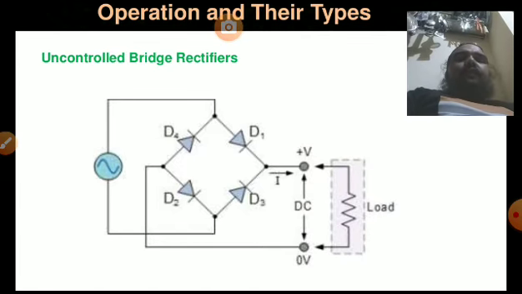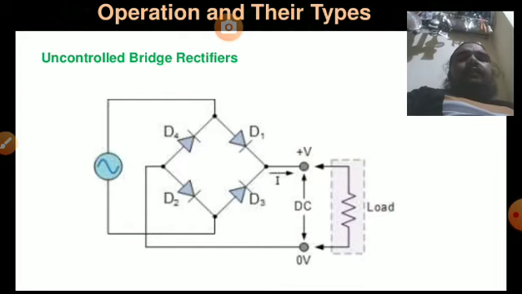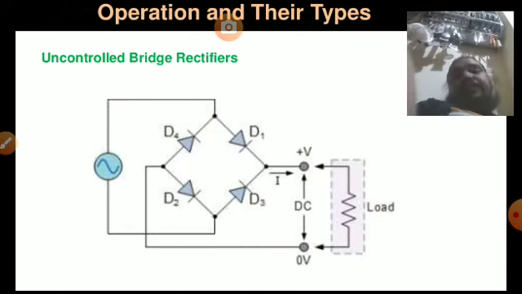The input signal is given in between D1, D4 and D3, D2. The output signal is taken across D1, D2 and D3, D4.